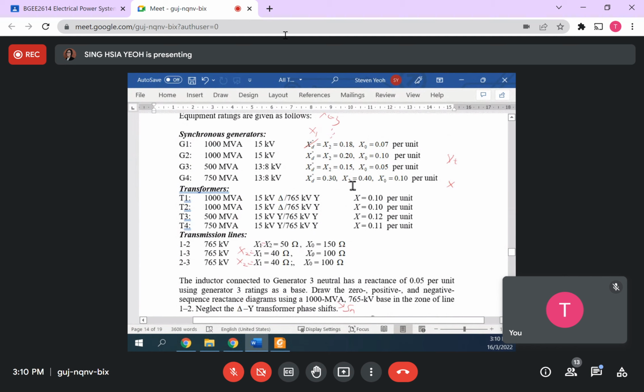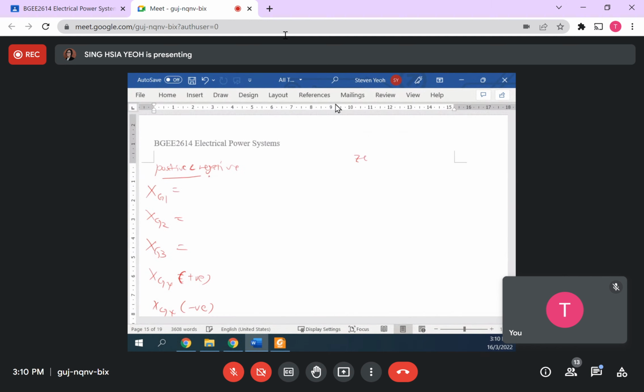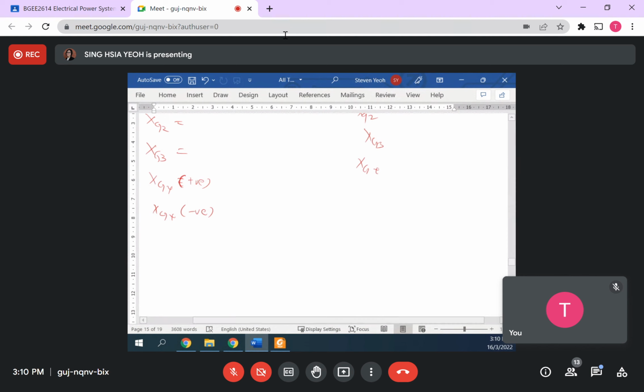X1 and X2 are different. Then we have zero sequence: XG1, XG2, XG3, XG4.